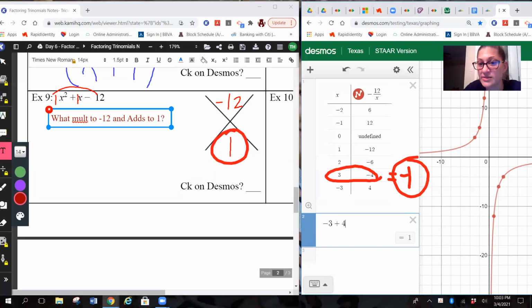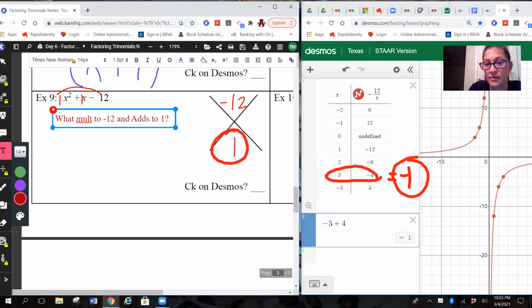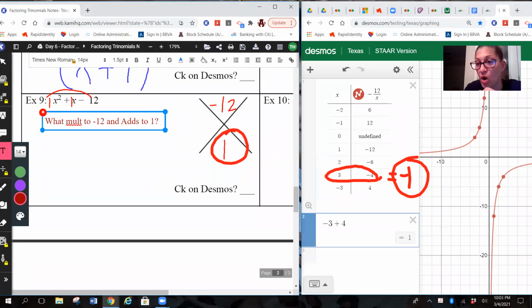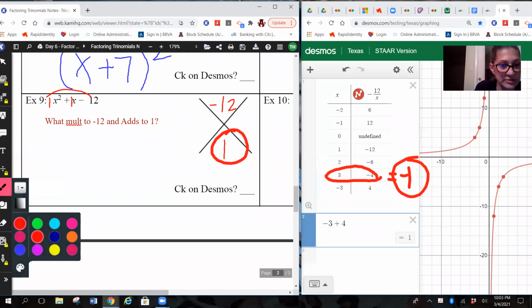So if you get the b value right here, but you got it in the wrong sign, then you switch the signs. So our answer is negative 3, positive 4, x minus 3 times x plus 4.